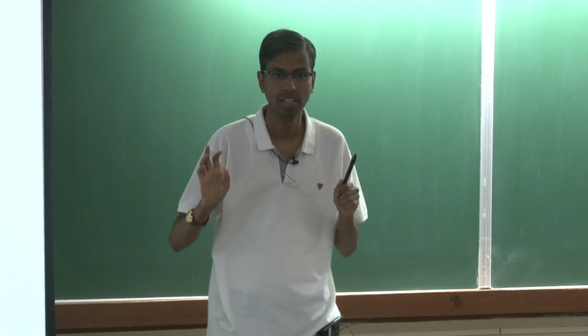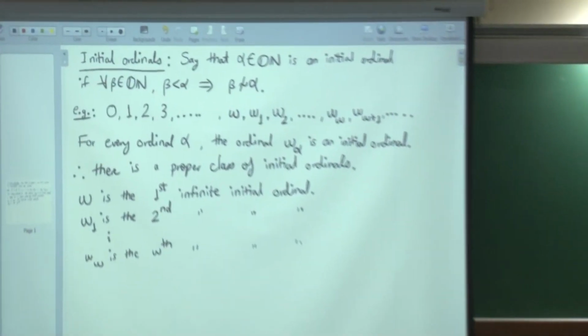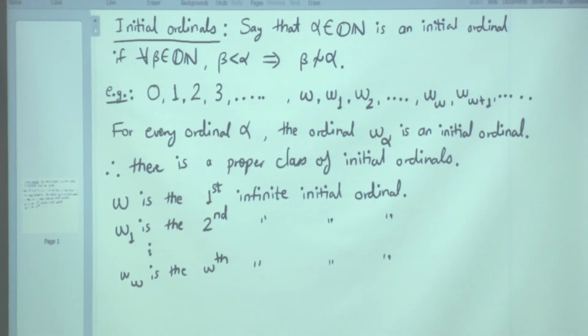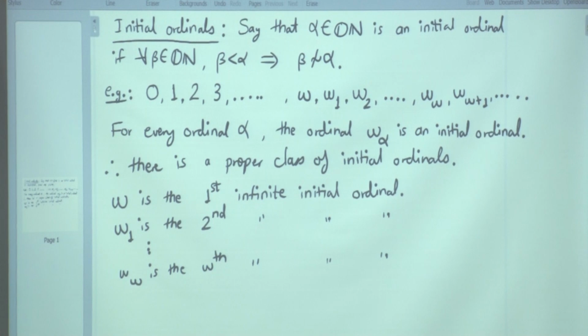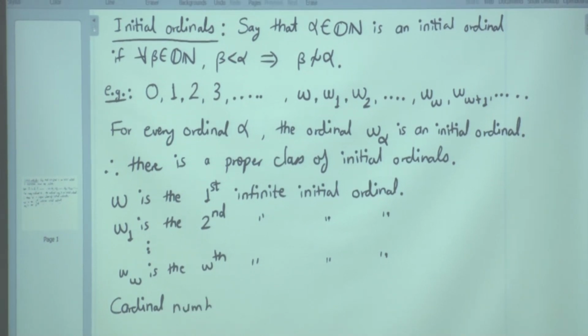Understood? Okay. Now, let's proceed. I mean, maybe I will write just this statement: this is the omegath infinite initial ordinal. Now, I am ready to define cardinal numbers.